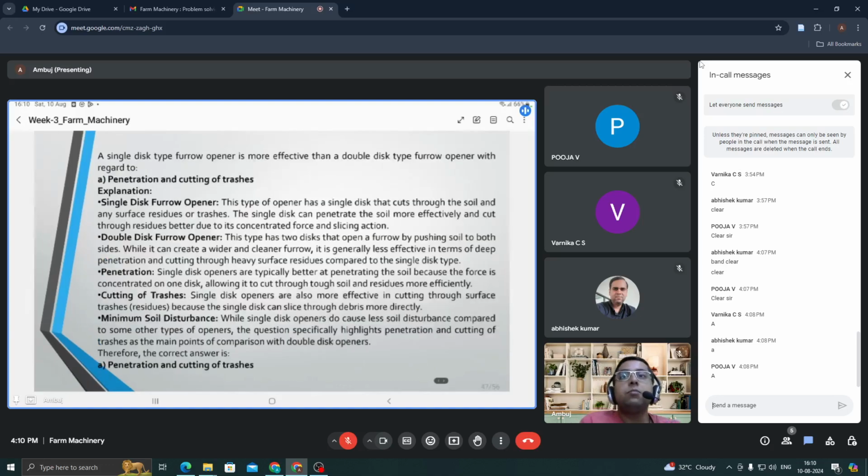Single disc openers do cause less soil disturbance as compared to other types of furrow openers, but the question is about penetration and cutting of trashes. So the correct option would be this one only. Okay. I think the explanation is clear. Don't get confused. If the design gets changed, then definitely for penetration and cutting of trashes, the option has to be rethought.